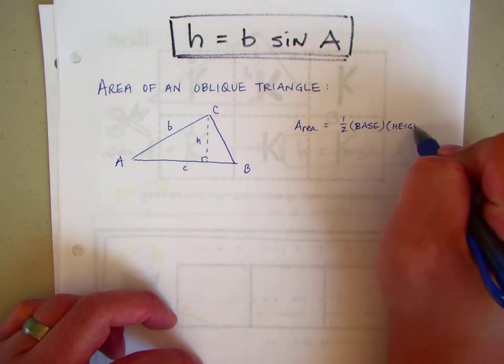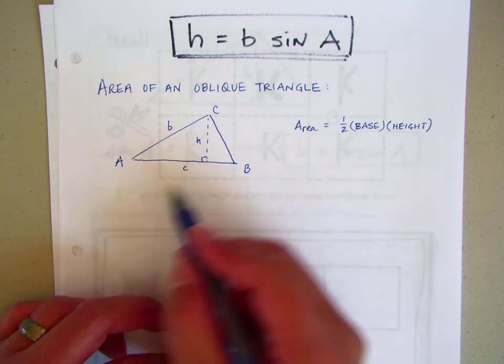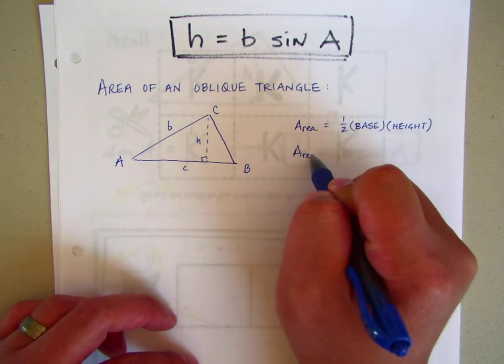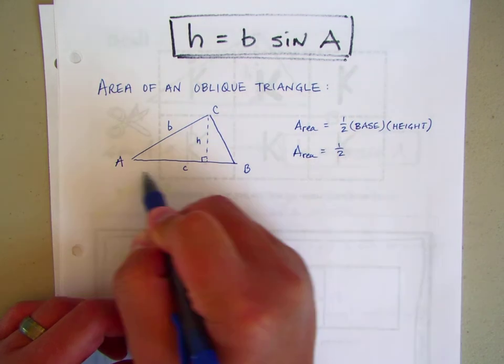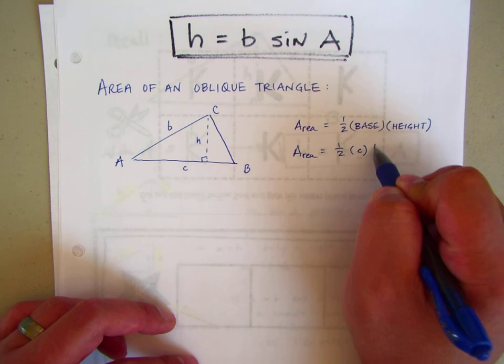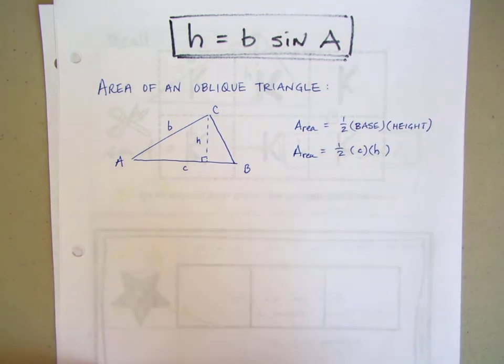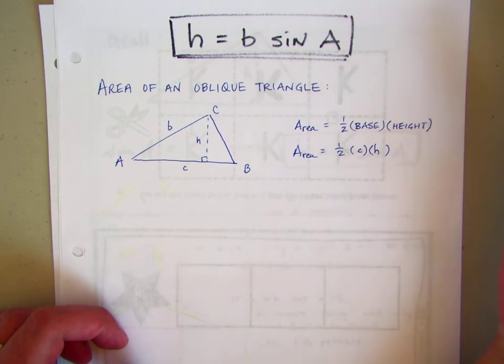Now if I look at this triangle specifically, my area is going to equal 1/2. The base in this problem is C, and the height is H. Now that doesn't look like a great formula, especially if we don't know what H is. So, we're using the law of sines. How can I come up with a formula that doesn't require H, but perhaps uses sine? We're going to make a simple substitution here.